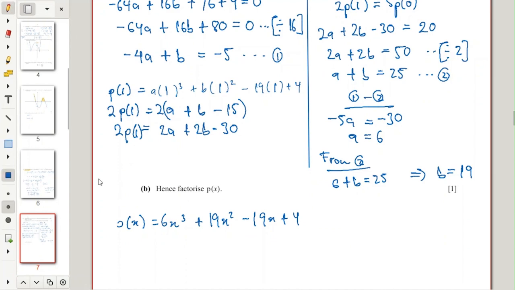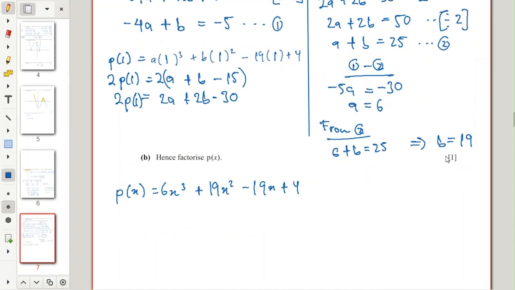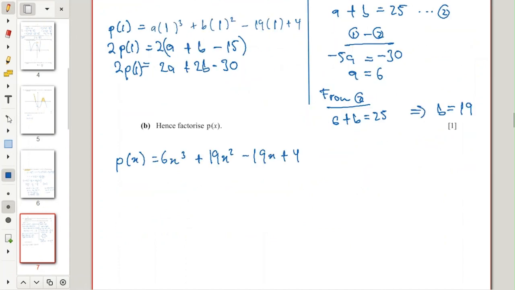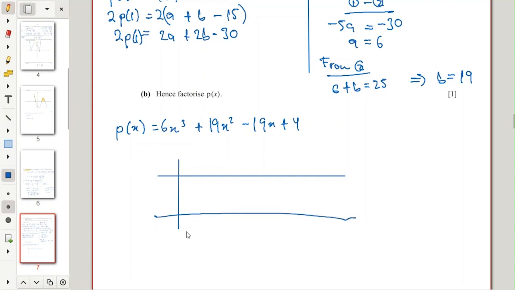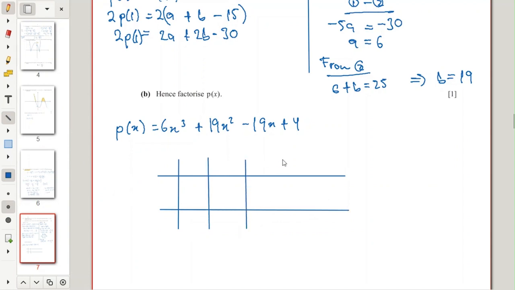All right, but you can use the synthetic method to factorize this one to find your quotient. It is very easy and fast. All right, so now let's take the first number.